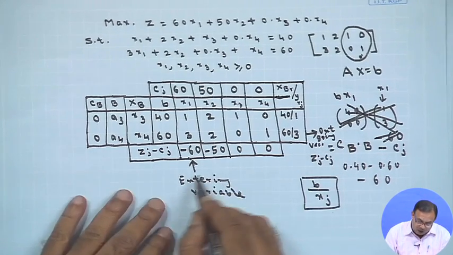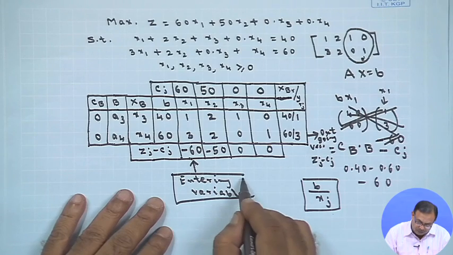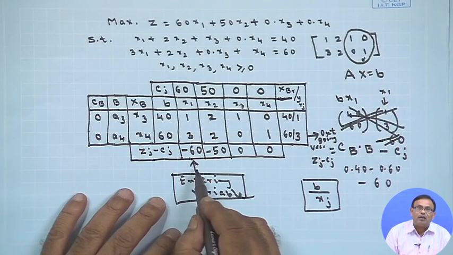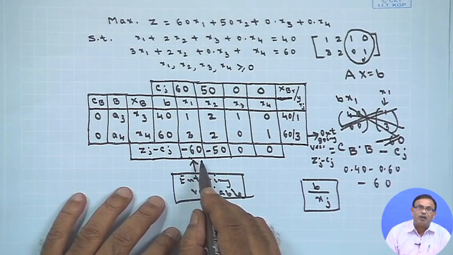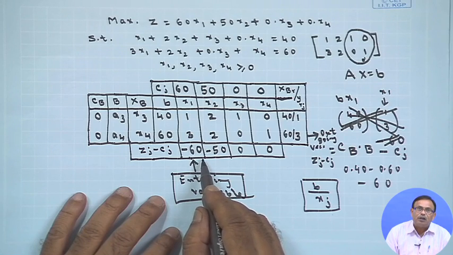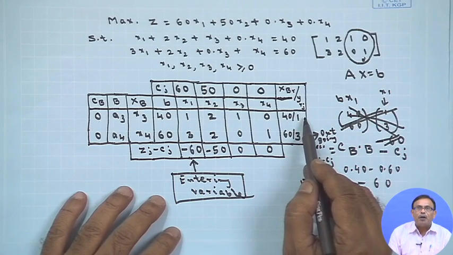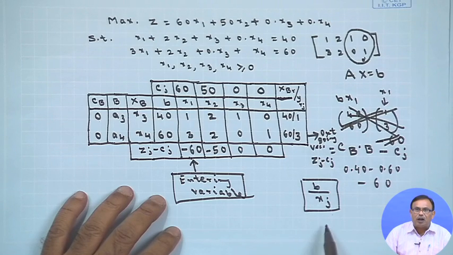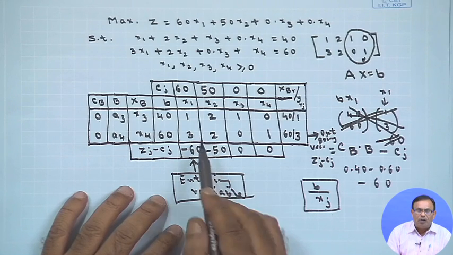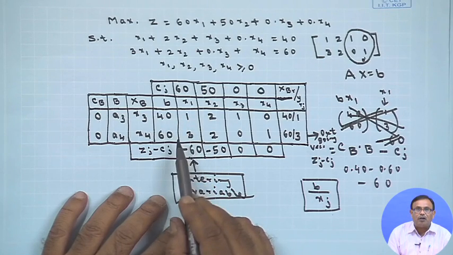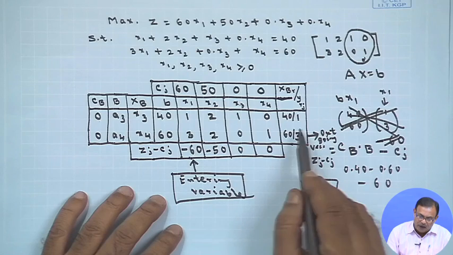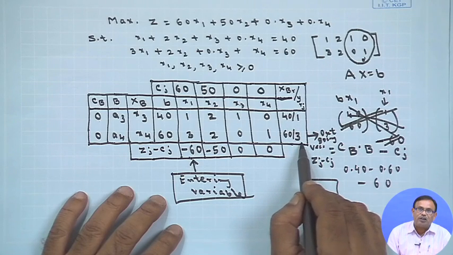So, you have one entering vector depending upon where the value of Zj minus Cj is most negative. Then you have to calculate the ratio xbr by yrj, which is nothing but b by xj, where xj corresponds to the entering variable. For this case it is 40 by 1 and 60 by 3.